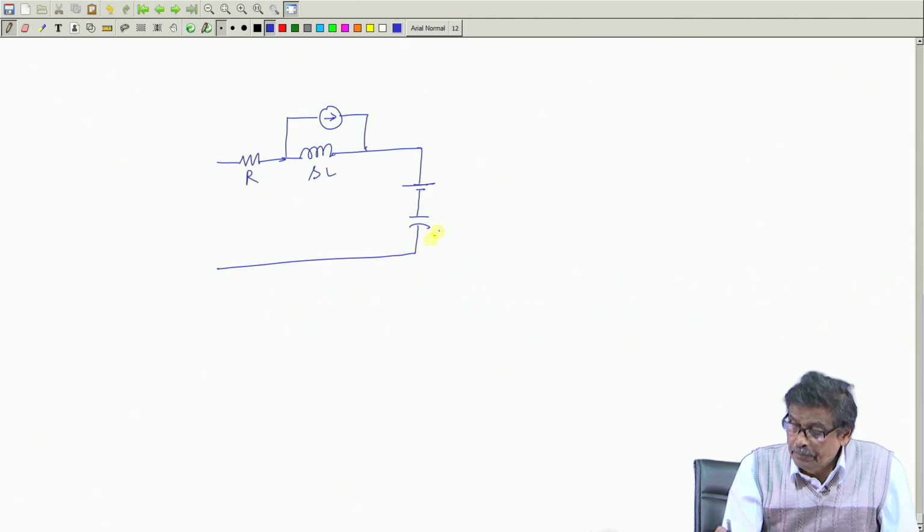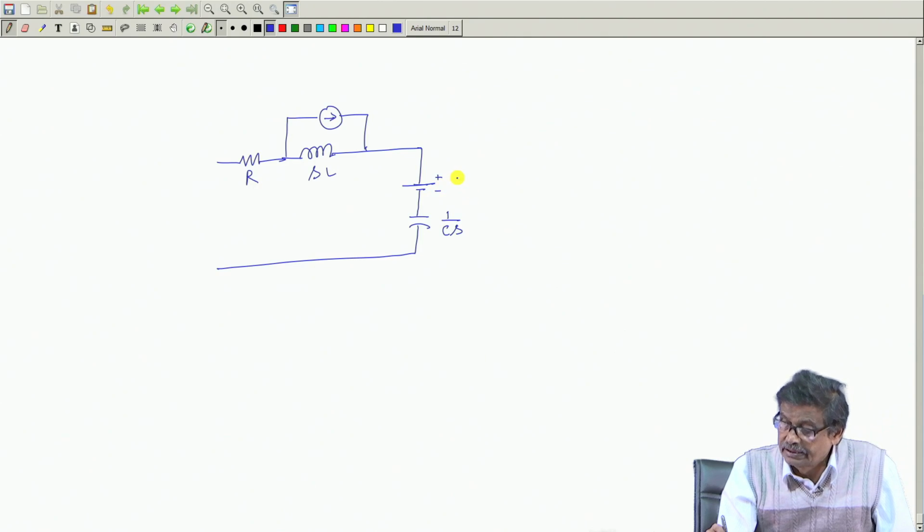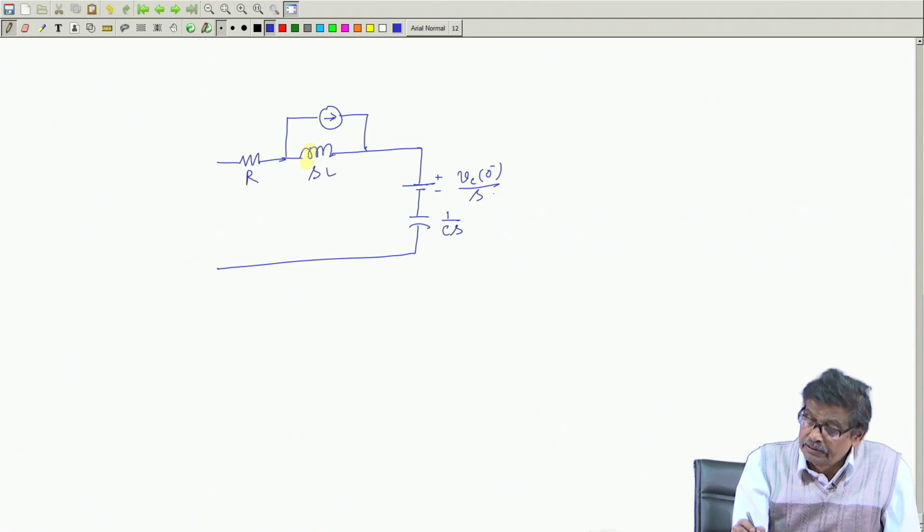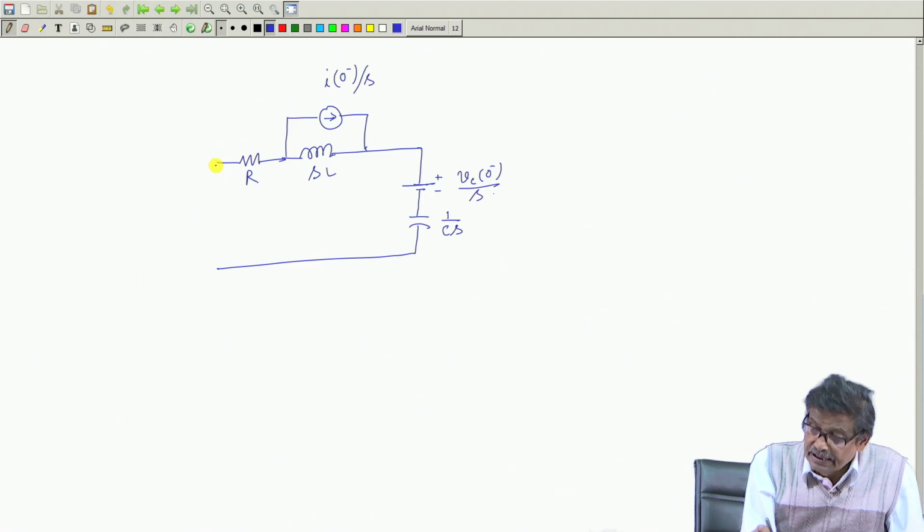If it is an uncharged capacitor, then only you can write it as 1 by Cs, and the initial voltage across the capacitor will be taken into account like this, which is Vc0 minus, a number, divided by S. Similarly, this will be I0 minus divided by S, and then here is your supply voltage Laplace transform Vs.